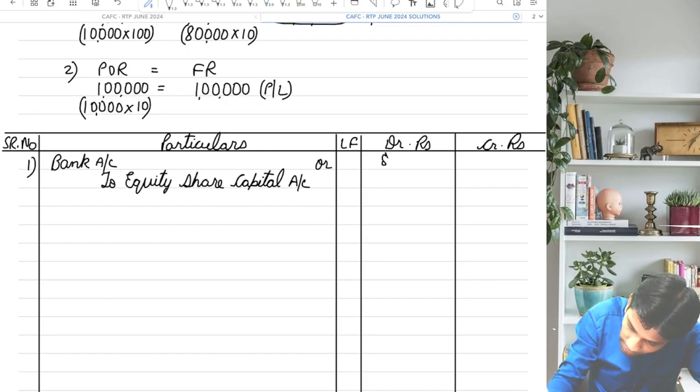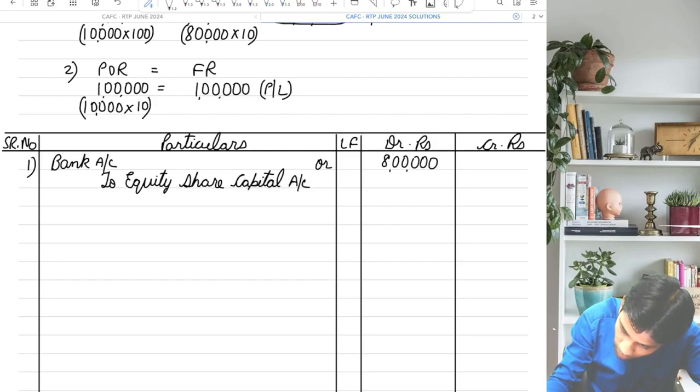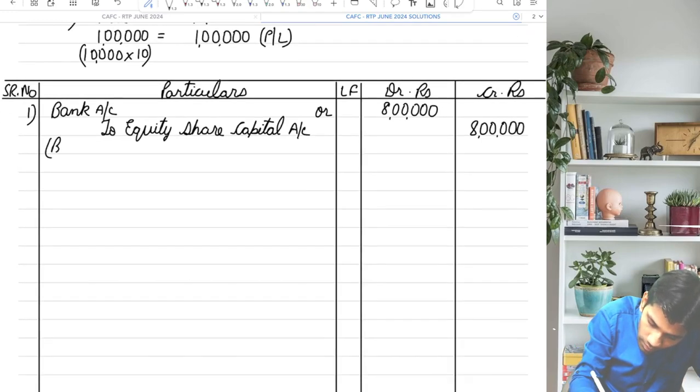This comes to 8 lakhs. Being equity shares issued at par.